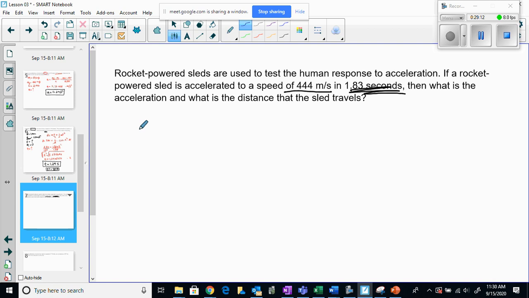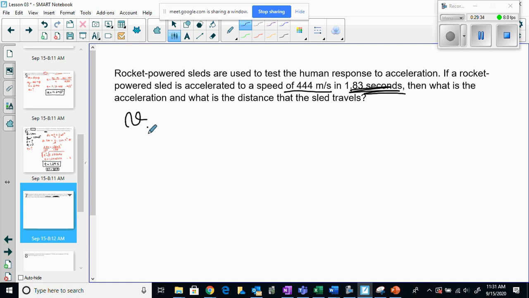I want to see the answers in the chat. Is it starting from rest or from a certain point? Or in other words, what is the initial velocity and what is the final velocity? Good. It is accelerating from 0 to 444.